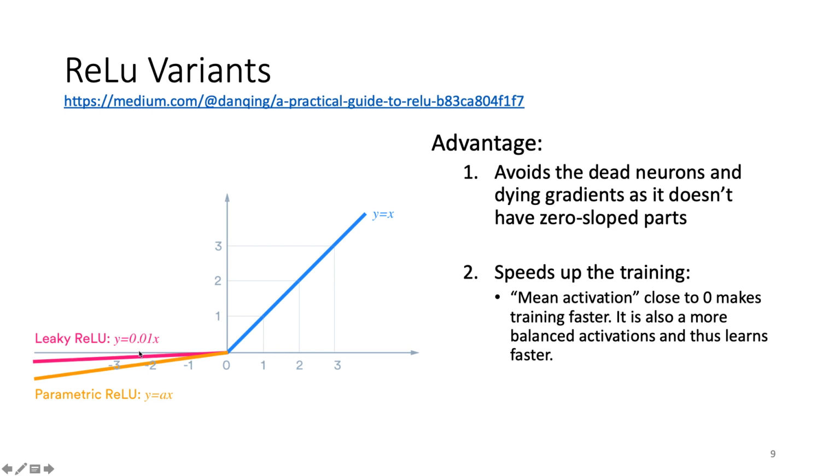If you set it to 0.1 of x, you're going to have a very mild slope here, which is not 0. For parametric ReLU, you just have to find that specific alpha, or a, for yourself. The advantages are that you avoid dead neurons and dying gradients, and it has been found to speed up the training process as well.